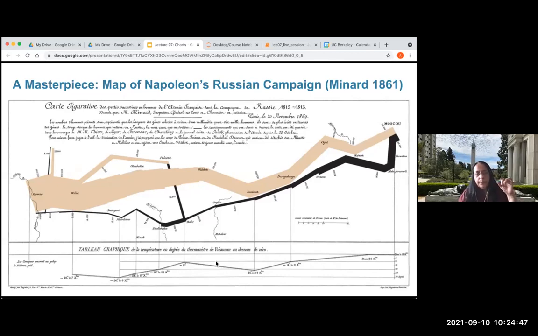It was a very stunning choice of how to represent a lot of information in a simple picture.